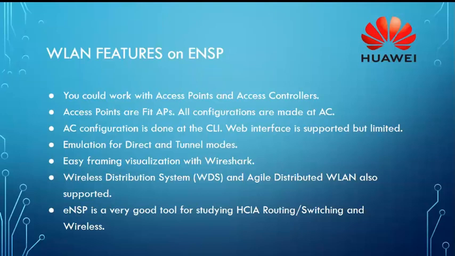And also you can deploy an agile distributed wireless LAN topology. Agile distributed wireless LAN is a special solution from Huawei, especially designed for environments where you need a huge amount of access points because you need a huge coverage, no shadows, everything is going to be covered because wireless LAN connectivity is critical.